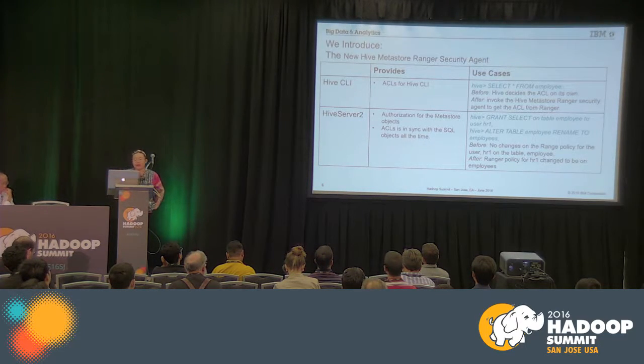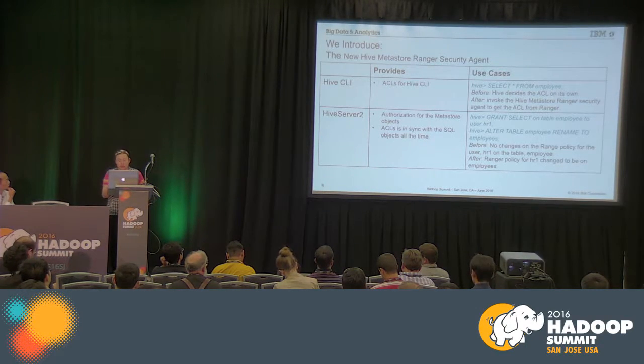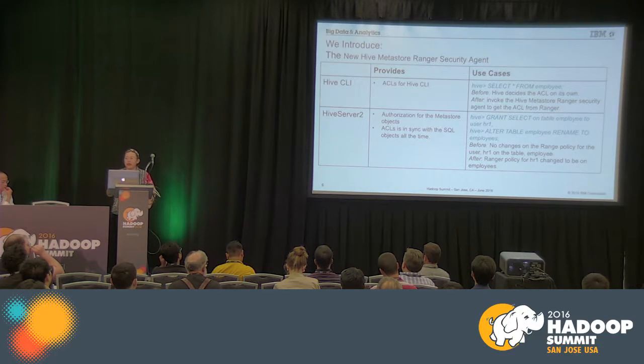And for Hive Server 2, it provides authorization for the Metastore objects. Certainly, the authorization is also in sync with the SQL objects at all times. The use case is also on the right-hand side. For a Hive statement, we grant select on table employee to user HR1. Now I decide to change the table name from employee to employees.